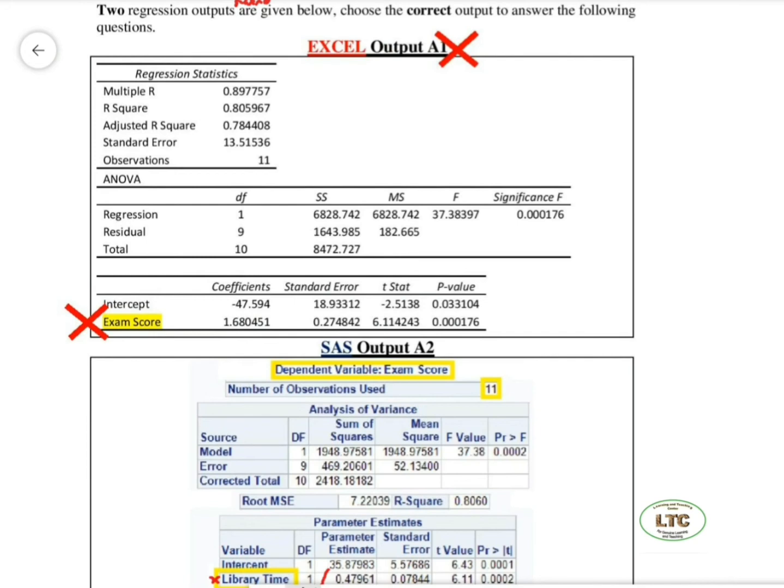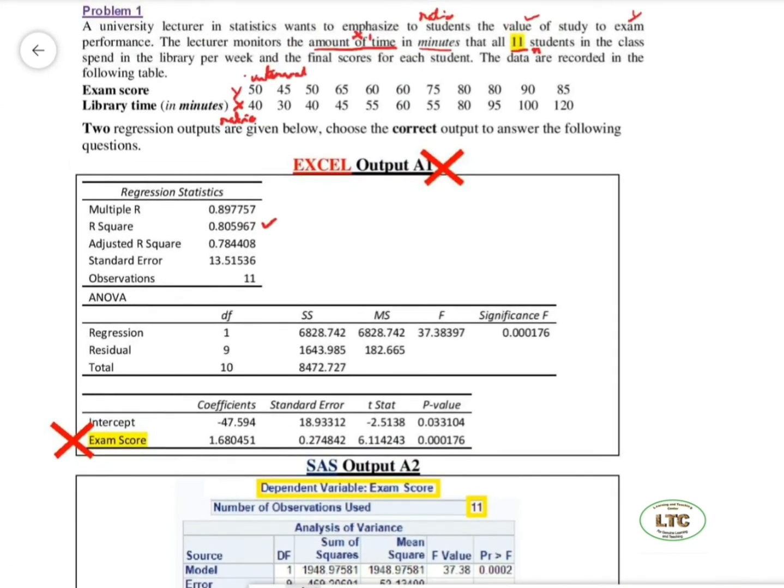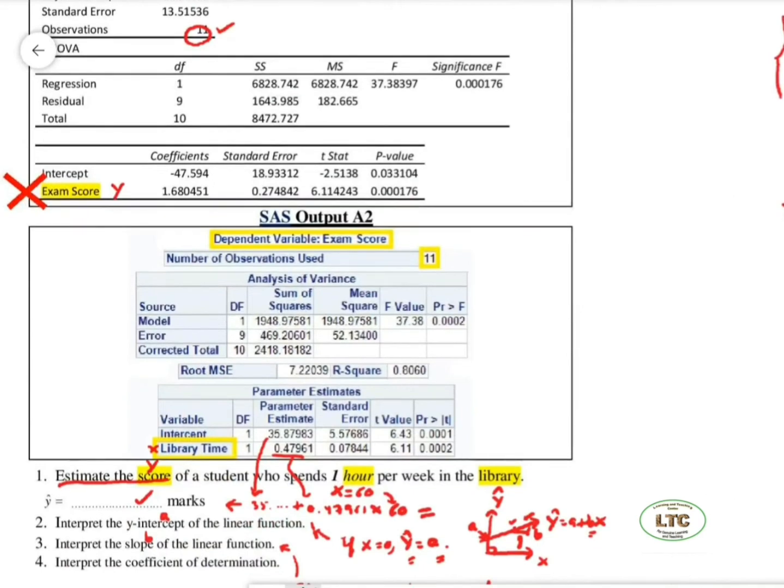What is R square? 0.806. Note the first output, A1, is incorrect, because the output must contain x as the predictor, but here you see y. Therefore you don't use A1. A2 is the correct output: n is correct, library time is correct, so all are correct.